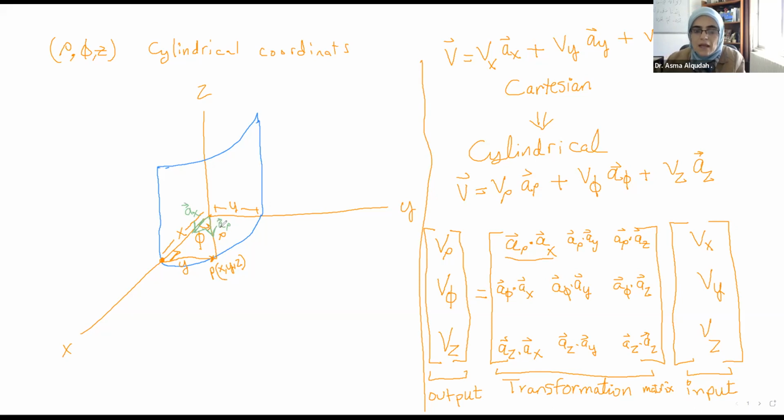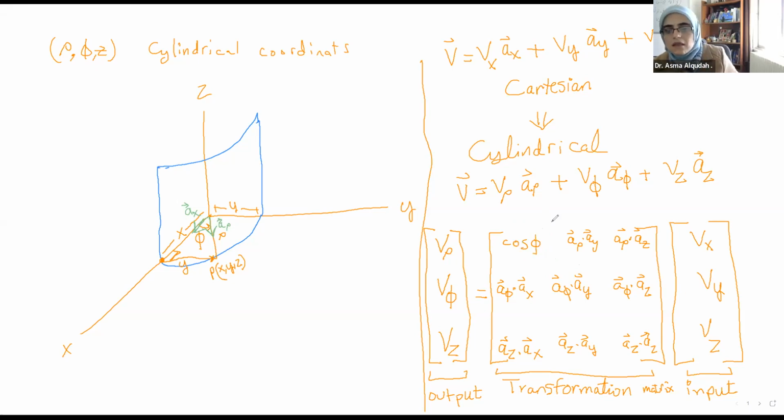The dot product is the magnitude of the first vector times the magnitude of the second vector times the cosine of the angle between them, which is phi. Because they are unit vectors, their magnitudes are one, so we are left with cosine phi. So we remove this entry and put cosine phi instead.